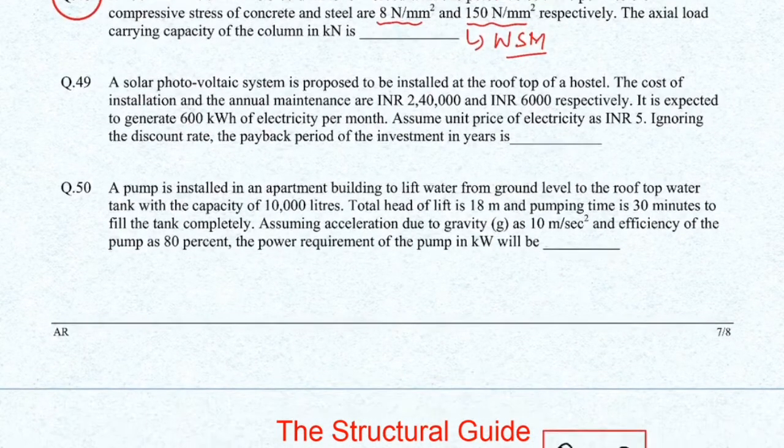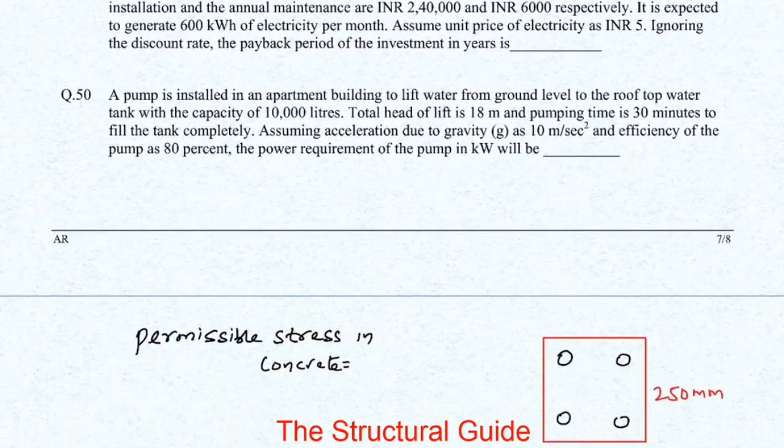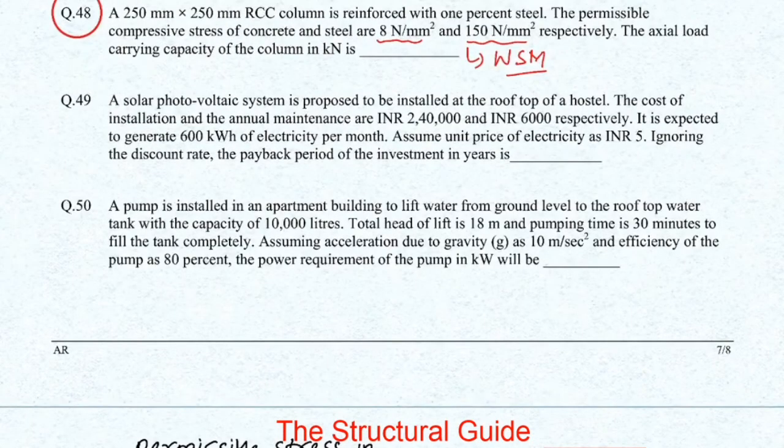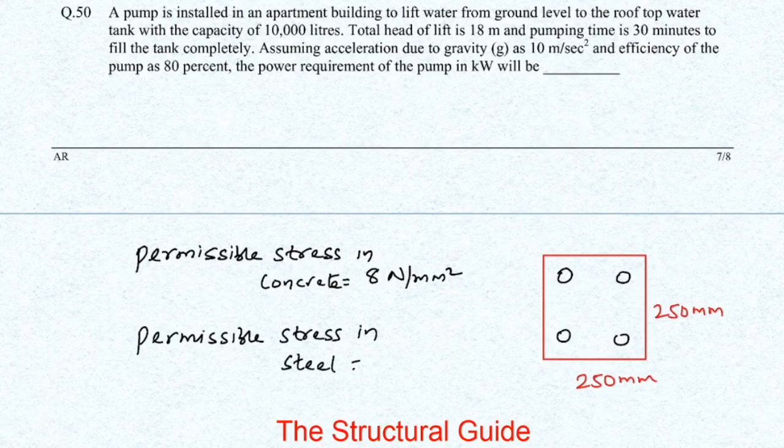So I am writing here the permissible stress in concrete, that is given 8 Newton per mm square, and the permissible stress of steel is 150 Newton per mm square.